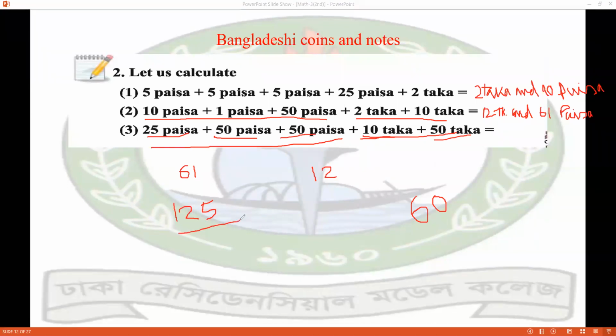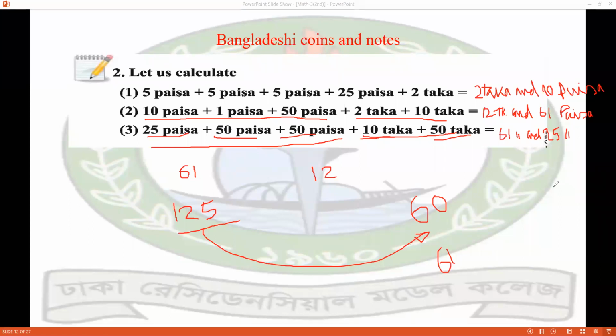That means 1 taka. So 1 taka is added with the taka. Then 60 and 1 taka equal will be 61 taka. And you remain here 25 paisa. So we have to write there will be 61 taka and 25 paisa. You have to solve it in this way.